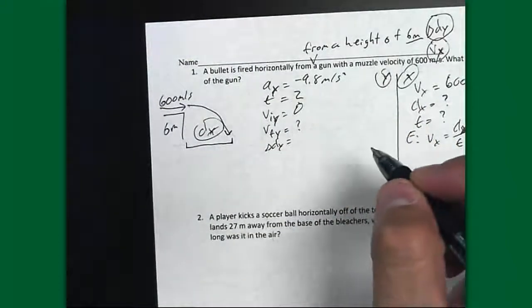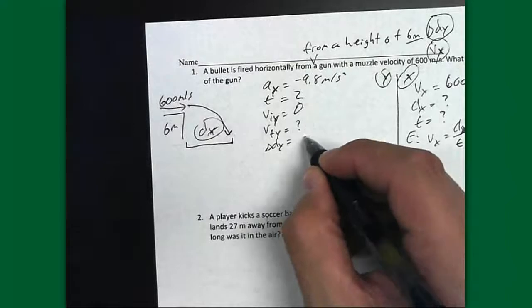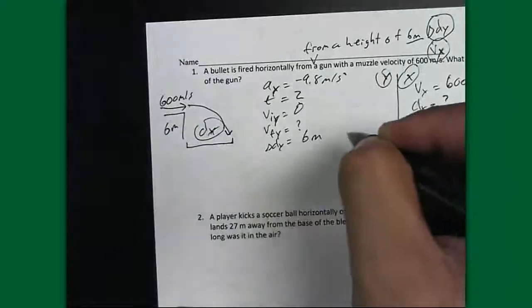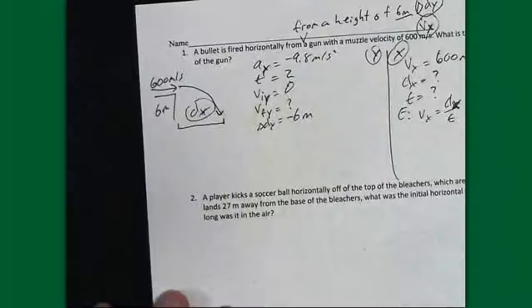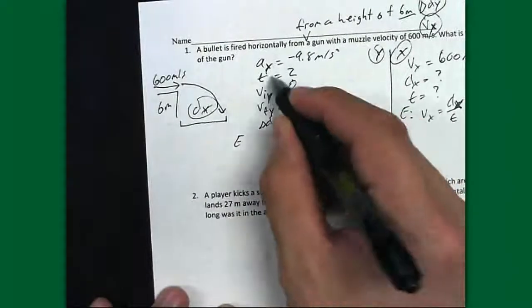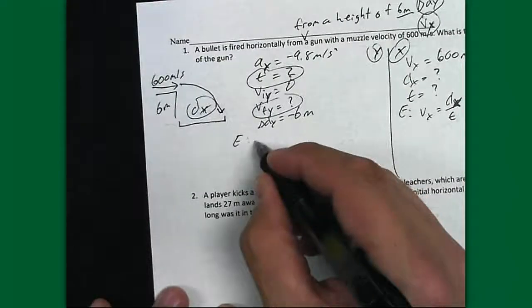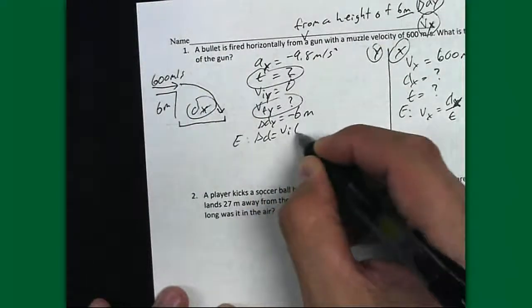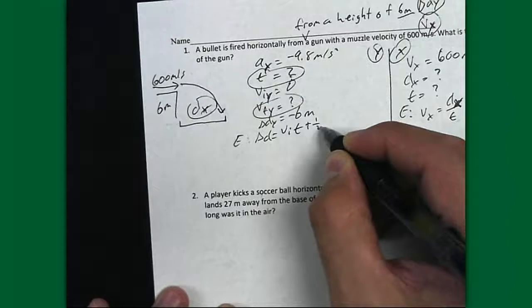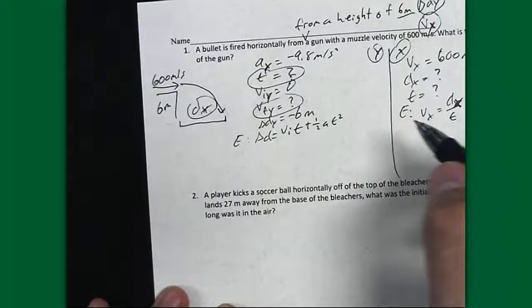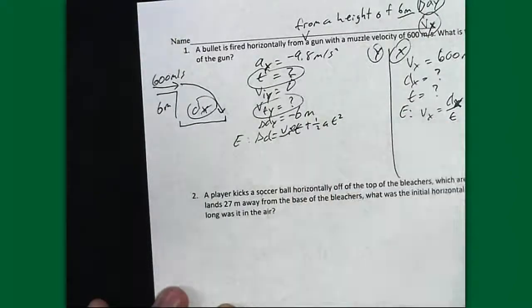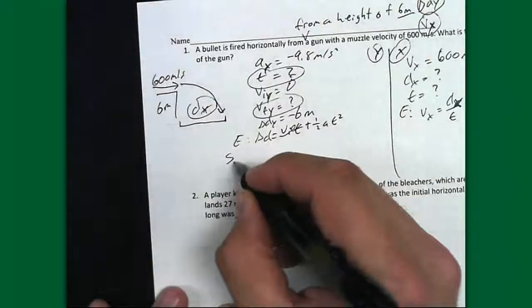Vf I don't know, most of the time I won't. And delta dy is 6 and we're falling down, so that's negative 6. The equation, remember these are my two unknowns. Time is the one that I care about, and you end up with delta d equals vit plus 1/2 at squared. And remember also that this term will go away because vi is 0.